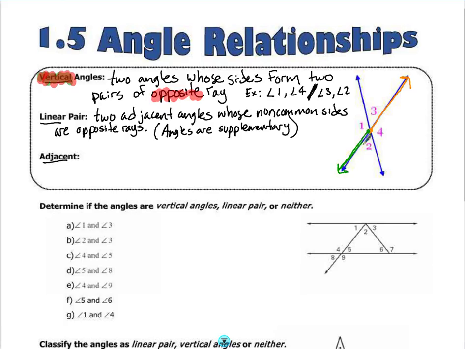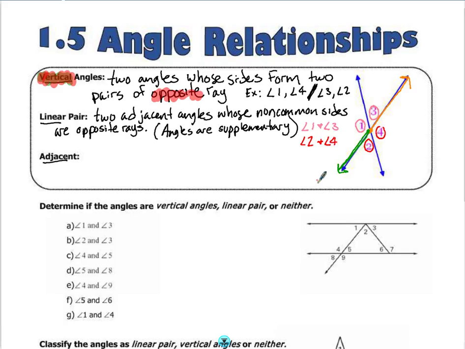And since they're opposite rays, the two angles that are adjacent to each other, in this case angle 1 would be adjacent with angle 3, and therefore angle 1 and angle 3 would be a linear pair, angle 1 and angle 3. Now on the other side of those two opposite rays you also have 4 and 2. So that would make angle 2 and angle 4 opposite rays.